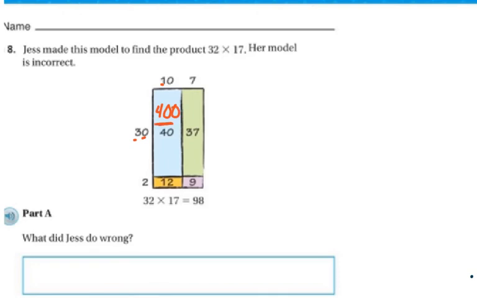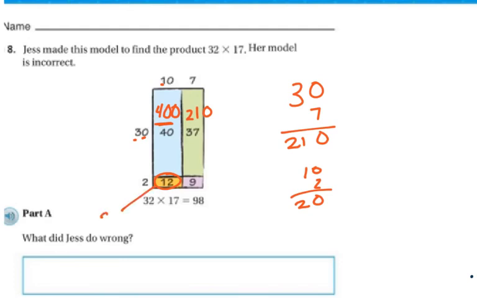And then 30 times 7, well, that's saying 3 times 7, 21. So this should be 210. And then this one, we've got 2 times 10, that's 20. So this should be 20 in this box. And in this box, we have 2 times 7, which is 14. So what did she do wrong?